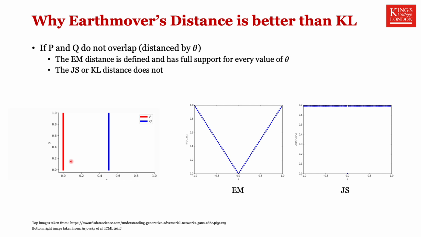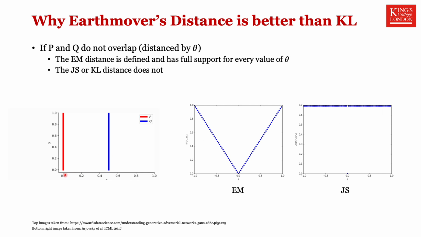If you were to calculate the KL divergence between these 2, you would have a loss that will look like this. If you were to change the position of the 2, the loss would be pretty much 0.7 throughout the full spectrum, and only when it gets to a very precise location is the loss going to be 0, and then it's going to go back to 0.7. It's going to continuously be at 0.7 throughout.